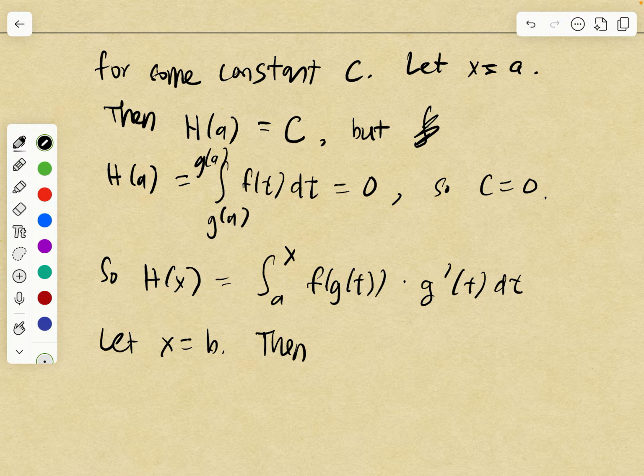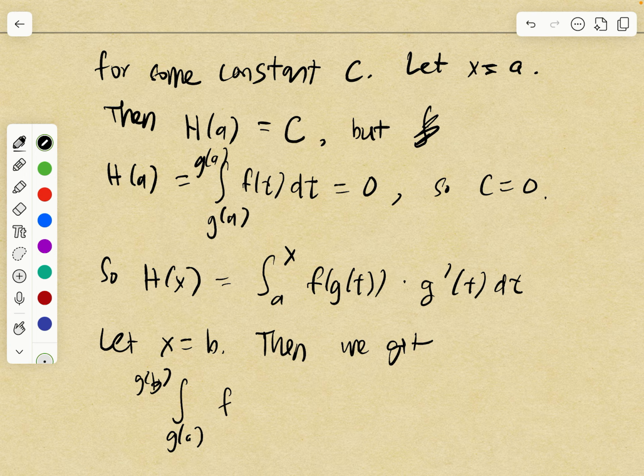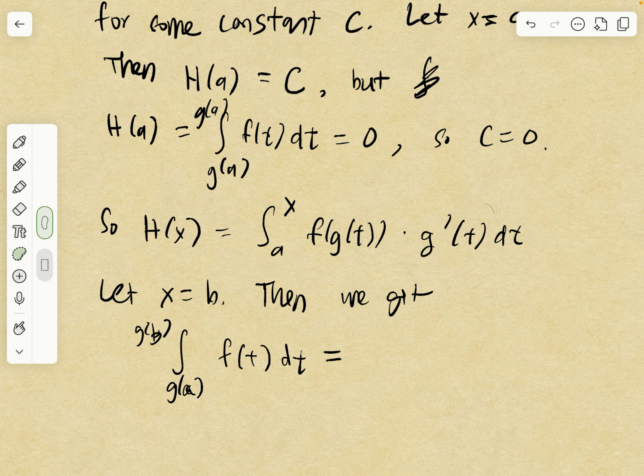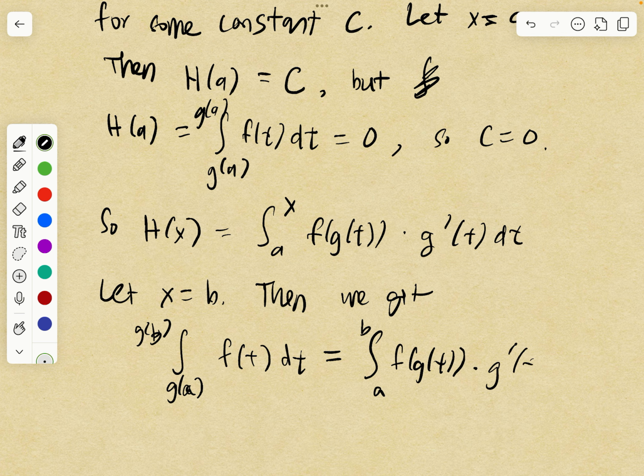Then we get that H of b is the integral from g of a to g of b of the function little f, and by what we have here, if you plug in x equals b, we get the integral from a to b of f of g of t times g prime of t dt. And that's the proof.